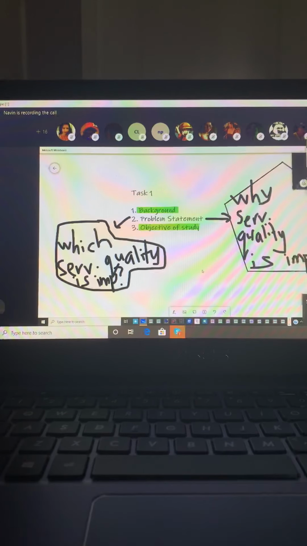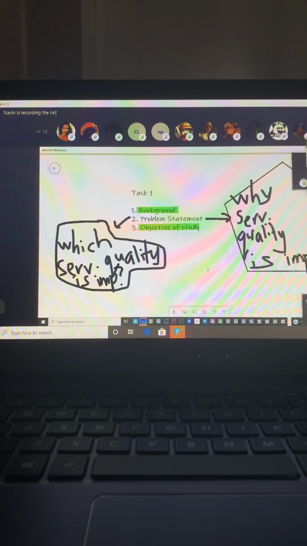Okay, so you as a business consultant, you know that there are 5 types of service quality and you're going to study which one is important, so that you can advise your customer later, or that you need to focus more on maybe responsiveness or something like that. So this is actually how you need to do task number 1.